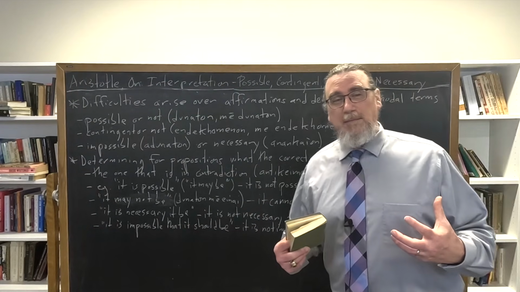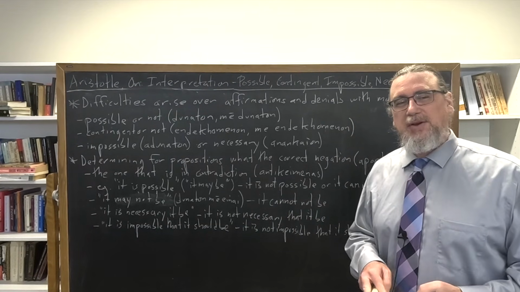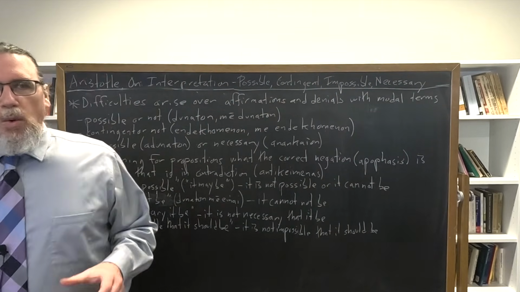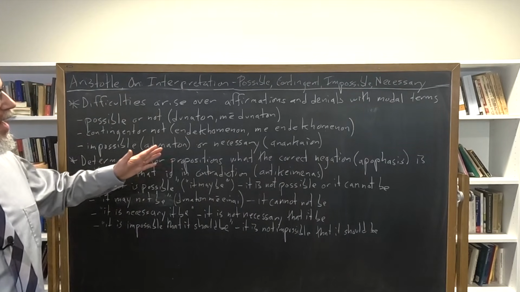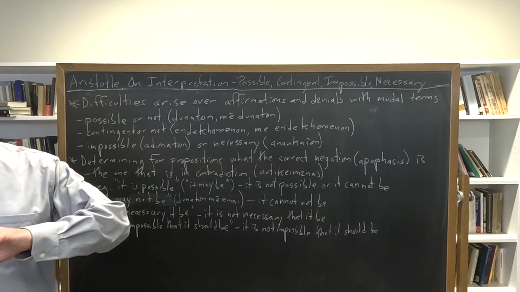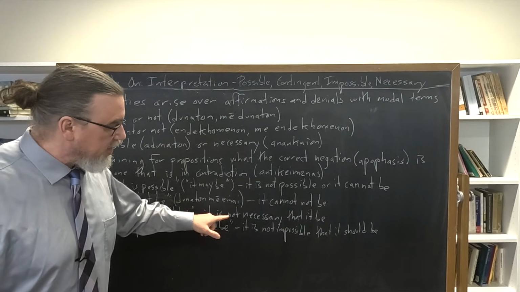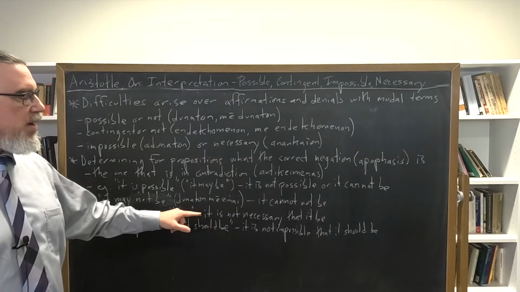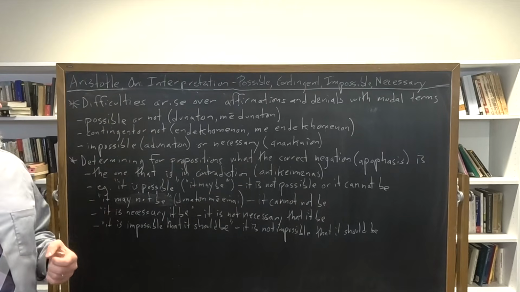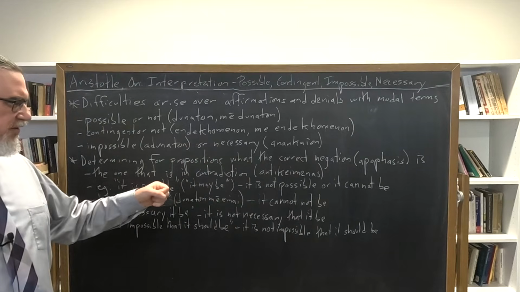So, if you want to think about this in terms of ordering within the proposition, particularly in English, although this is also reflected in the Greek as well, when we're contradicting possibility or necessity, we want the term that's doing the contradiction to be connected with the modal operator, not with the case that we're predicating that of, that we're saying this is necessary, this is possible, this is contingent, this is impossible.